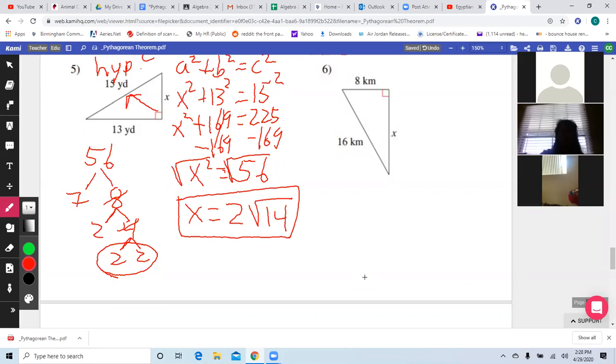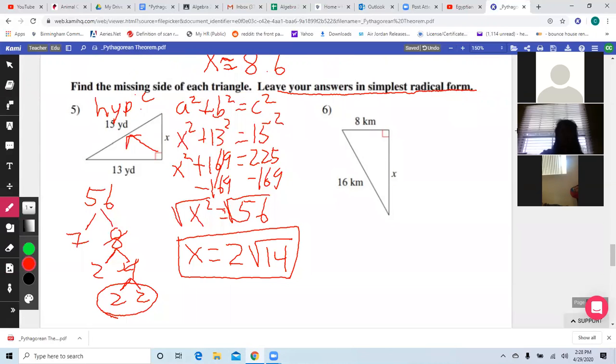Once again, this 2 comes because I circled the 2 here. And then the 14 comes because I didn't circle the 2 and the 7. So I multiply them and that stays on the inside. Okay, hopefully you all remember how to do that.